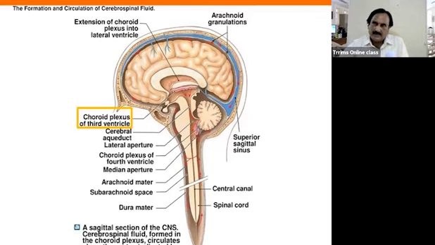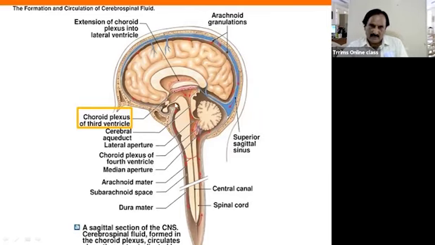So from the choroid plexus, you have the two lateral ventricles, and then it is entering into the third ventricle, and then the CSF will flow into the fourth ventricle, and then into the central canal. So the ependymal cells, the other neuronal cells, also elaborate some amount of cerebrospinal fluid, and this will be released into this.